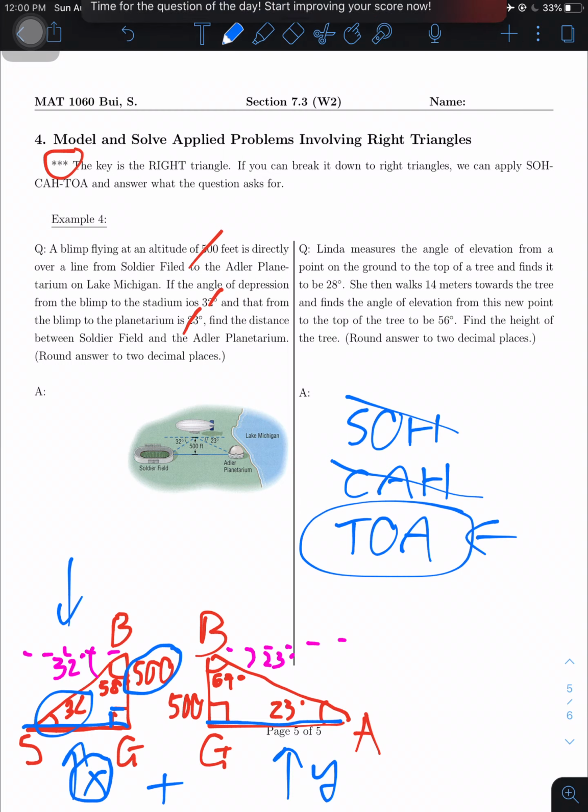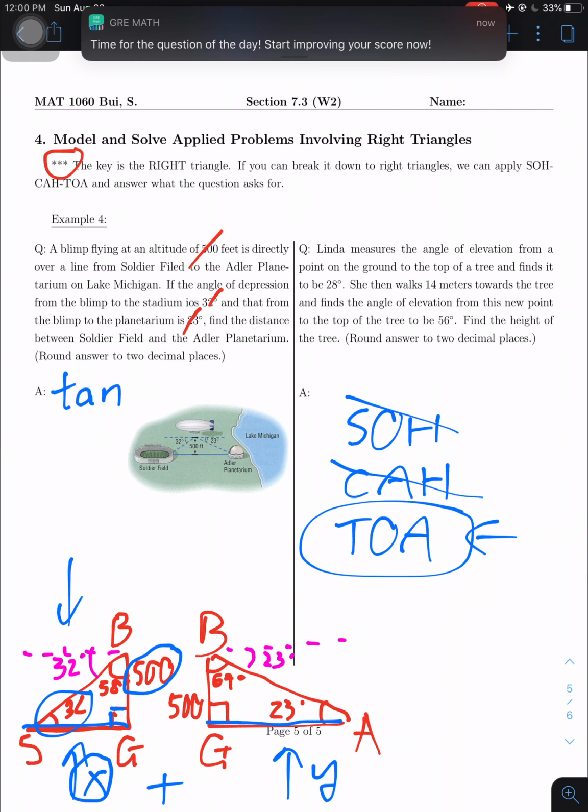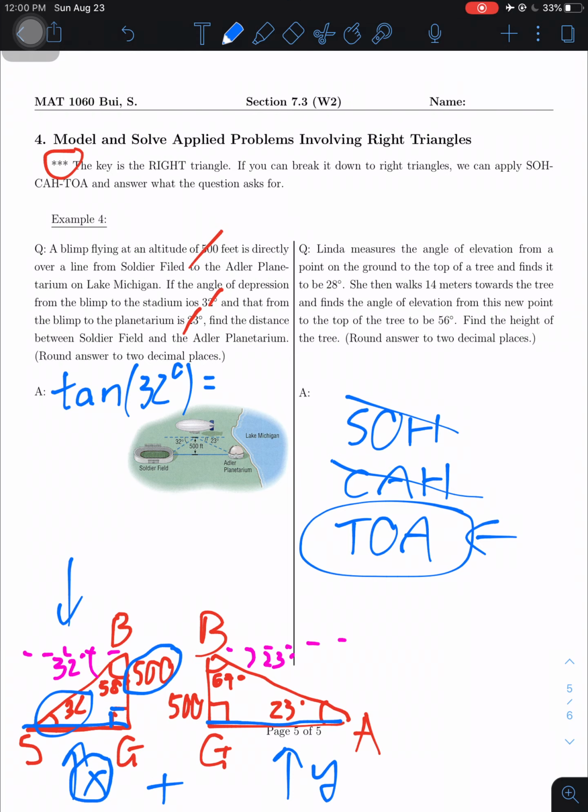So tangent of 32 degrees equals opposite divided by adjacent. Opposite to 32 we have 500, and adjacent to it we have x. At this point, I really hope you see which one is opposite and which one is adjacent.